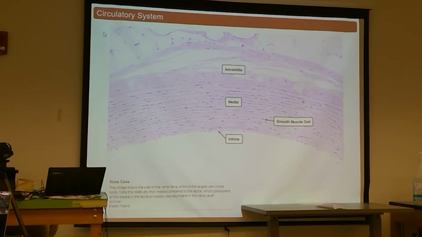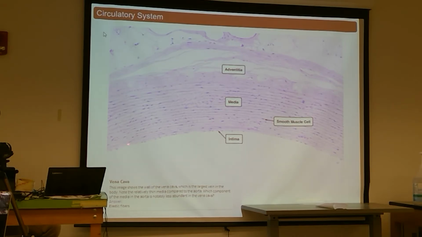So this is a picture of the vena cava, which is a very large structure. The only difference you have to make between the elastic artery and this is knowing the difference in the size of the smooth muscle. You're not going to see all of those elastic fibers that we saw before.